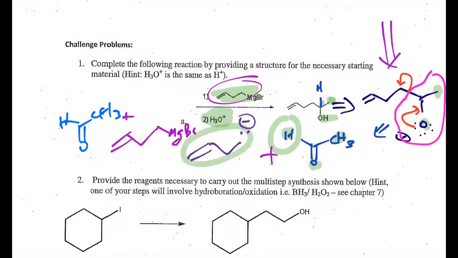All I need to do is stick a magnesium on there. And it even gave us the Grignard up here. All we had to do is figure out what carbonyl they added to. That's how we knew which piece to break off in the retrosynthesis.